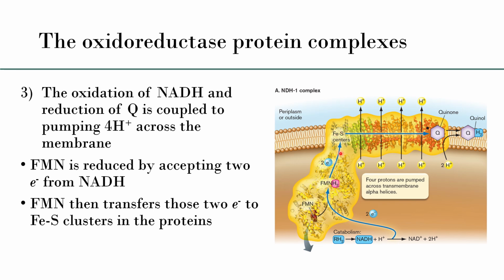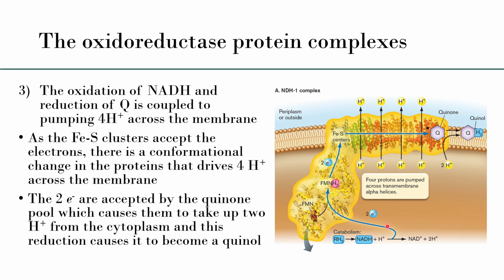And so these clusters will take on the electrons and cause conformational changes in these many different alpha helices in the protein. And these alpha helices will have a shape change that is just enough to take a hydrogen and allow it to flow out and basically forces it out. So they're going to drive that movement of the 4 protons across the membrane. And this is all because they're taking these electrons and passing them one to another.